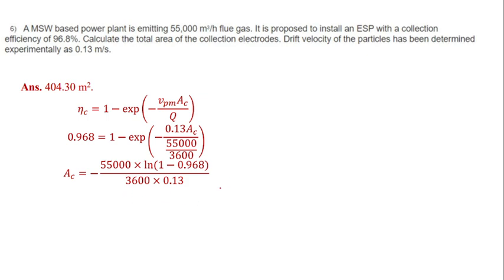So we have to solve this value to arrive at the answer, which is 404.3 meter square. This is the area of collecting plate required to achieve the efficiency of 96.8% using the electrostatic precipitator.